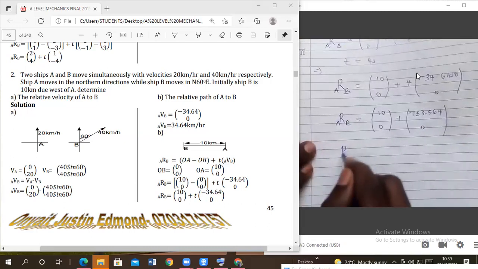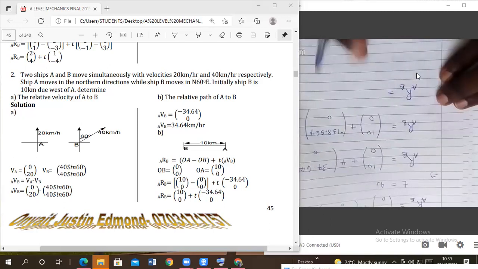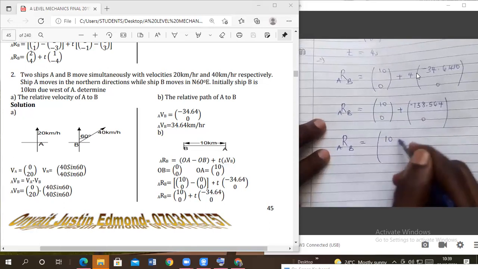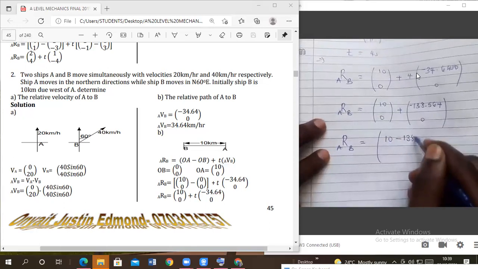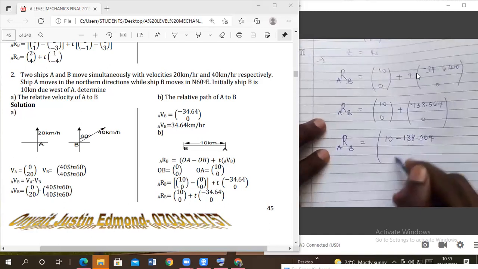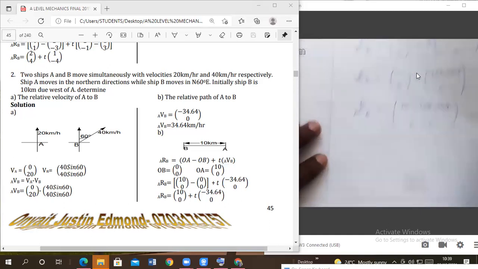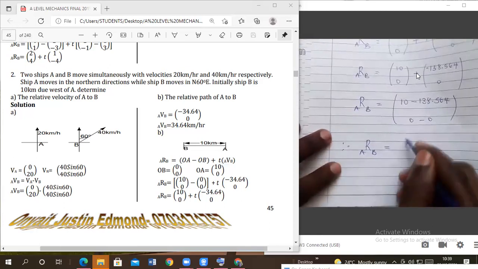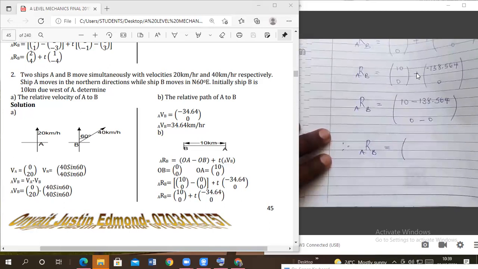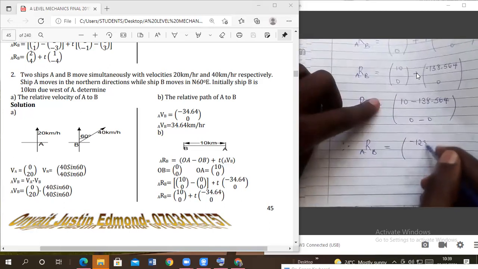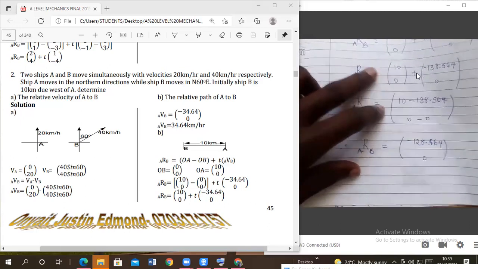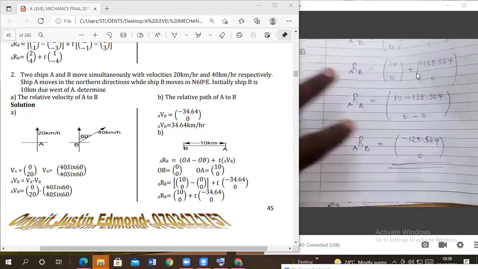So the relative path AB is going to be 10 minus 138.564, then 0 minus 0. Therefore, relative path AB is equal to negative 128.564. As simple as that.